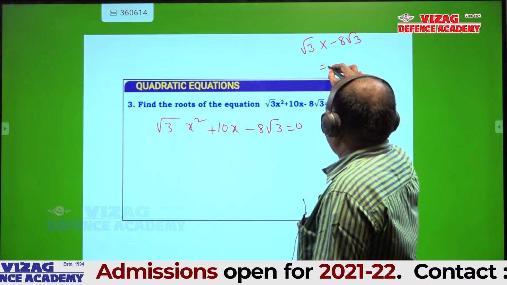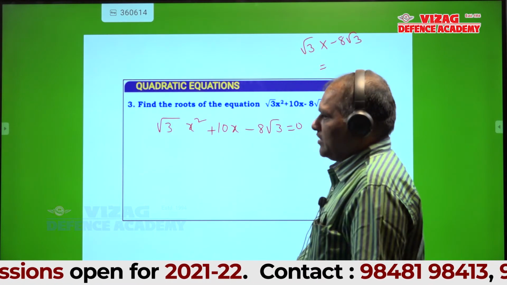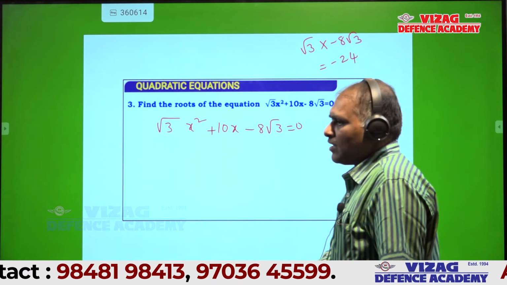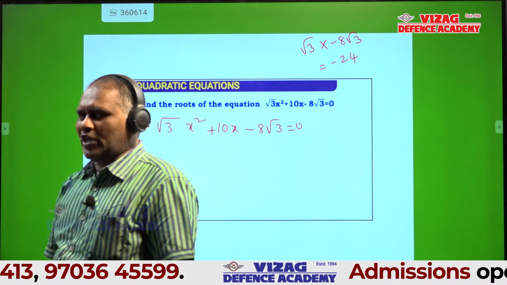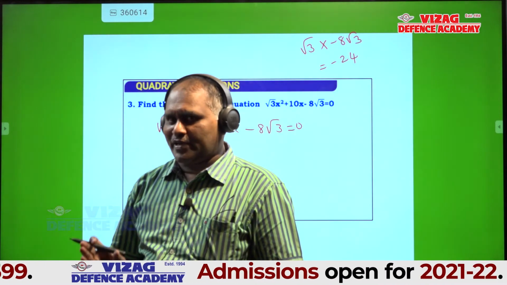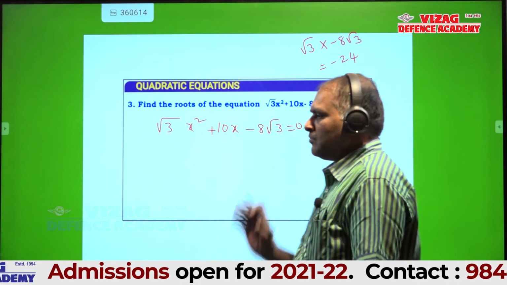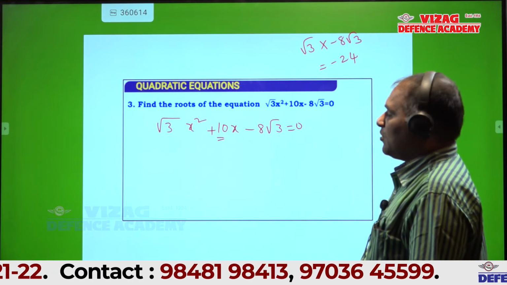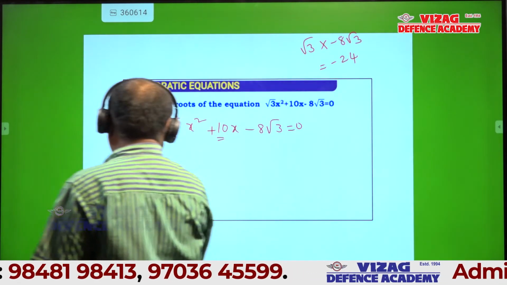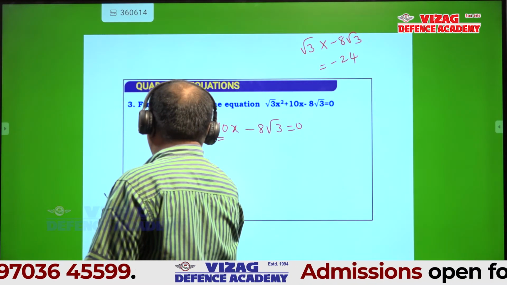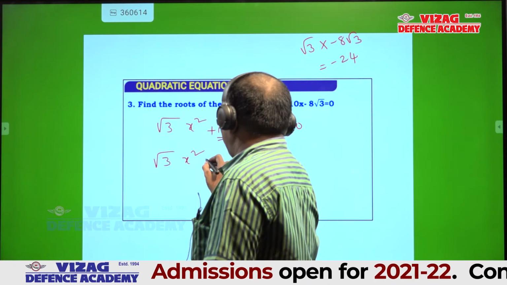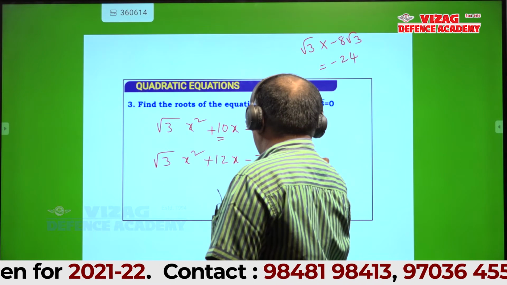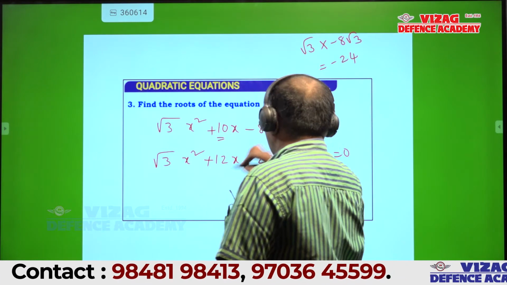What do you get? Root 3 into root 3 is equal to 3, and 3 into 8 is equal to 24. Minus 24. You can write its factors, and the two values' sum must be equal to 10. What are the factors of 24? 12 and minus 2. Very good. Therefore, here root 3 x square plus 12x minus 2x minus 8 root 3 is equal to 0.